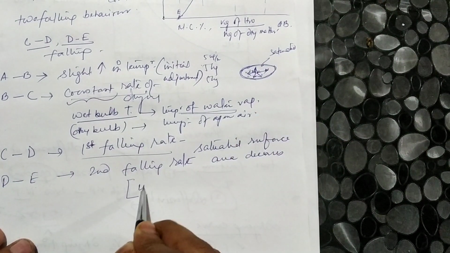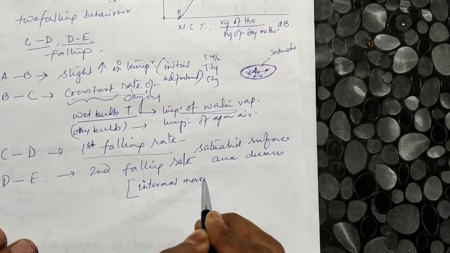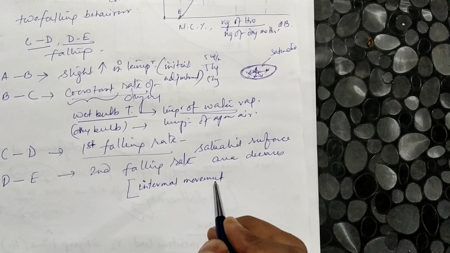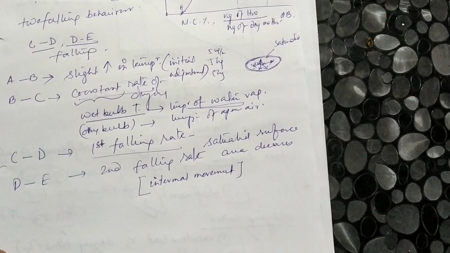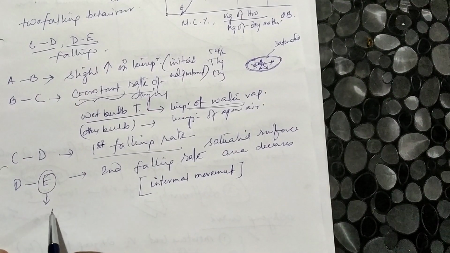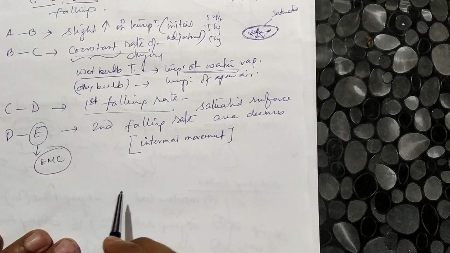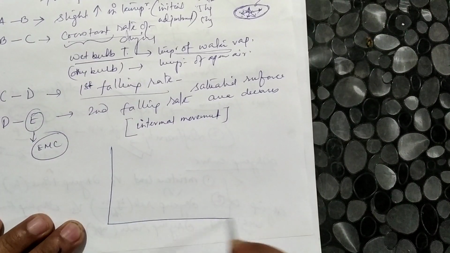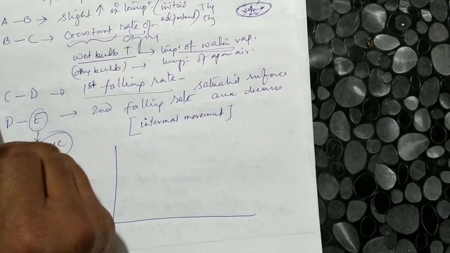That is also called internal movement of water. Second falling. Clear? So these are all your three stages of drying. After E, we attain the equilibrium moisture content.